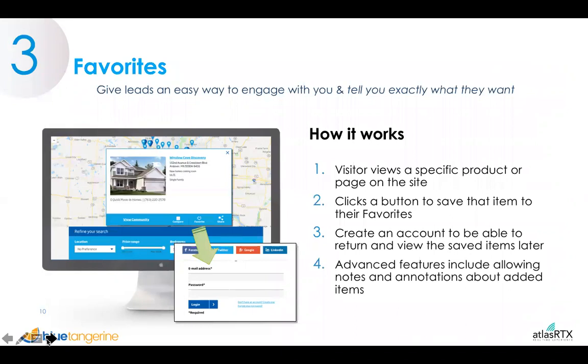This can be really powerful if you've got a product that is kind of more research heavy. For example, buying a home, doing a lot of research. I'm coming and going. I'm not doing it all at one time while I'm sitting at the computer, so I may not remember everything, and I want to come back to it. And so being able to make this easy for them to save and come back and find what they're looking for.